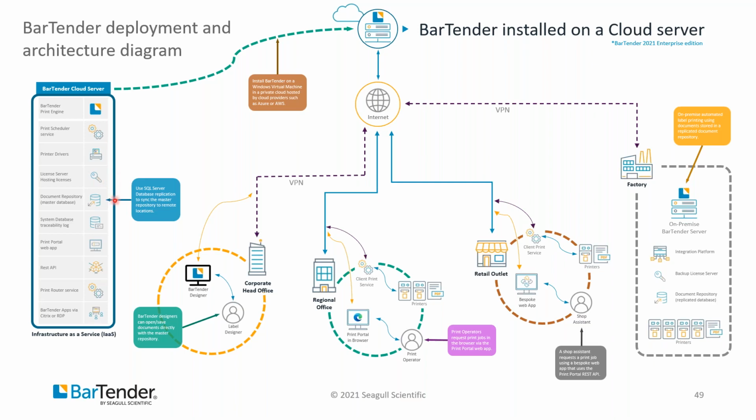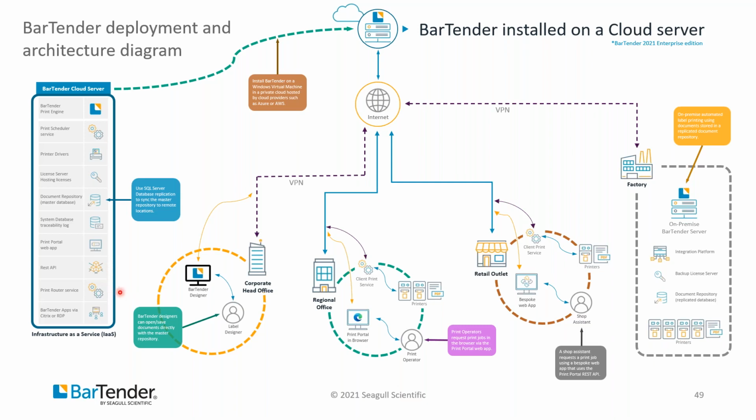It can host the system database for a master document repository and also for centralized traceability logging. The Print Portal web application itself is for users to access via their web browser to, in a manual fashion, select and print labels. The REST API gives functionality of Print Portal to automated processes and business software for making requests for printing over the internet.